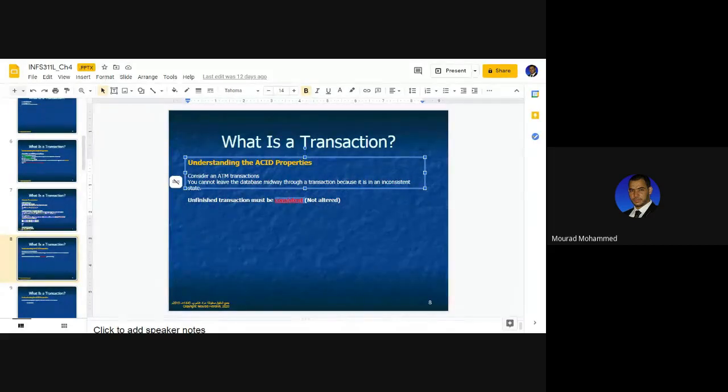One question I ask you, as a true or false question: a system that allows transactions to be interfered with is inconsistent. True or false? The answer is true.